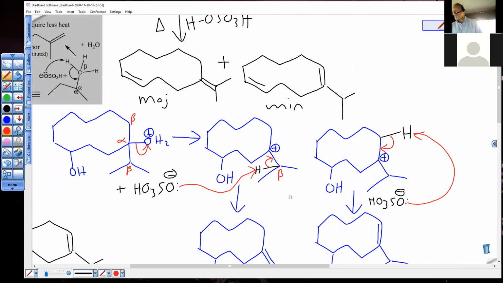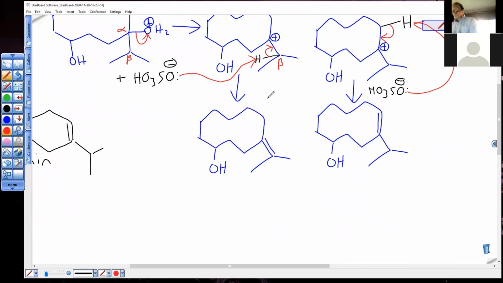Next up, we have to do elimination to make these two pi bonds. So we're going to get good practice. And we need sulfuric acid again.